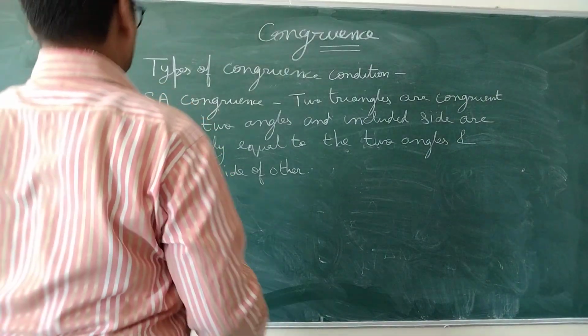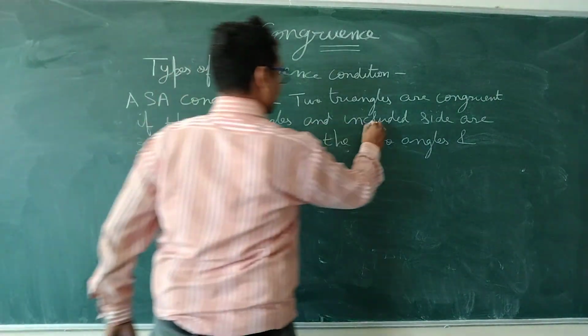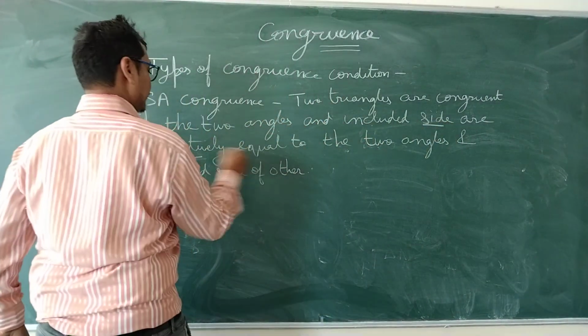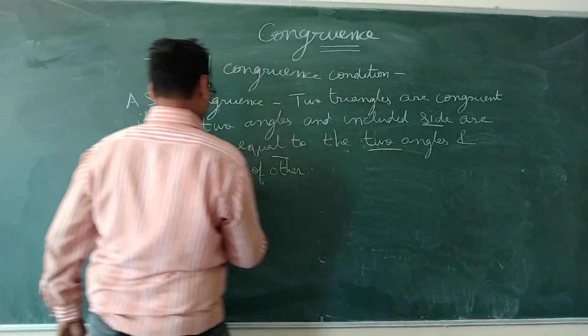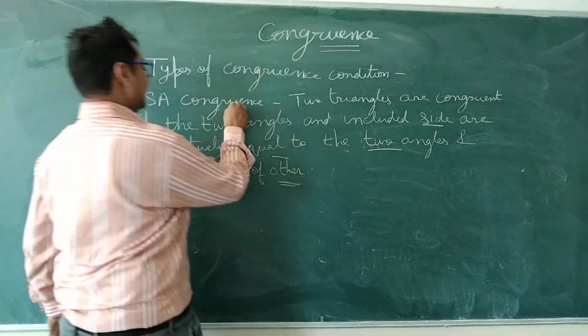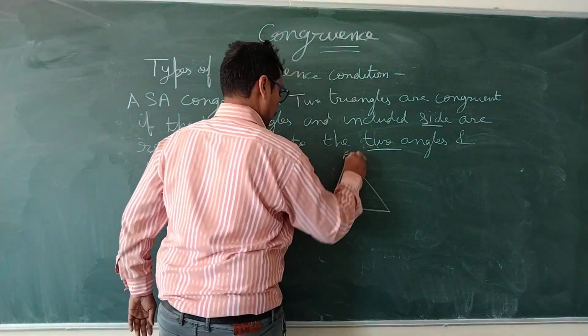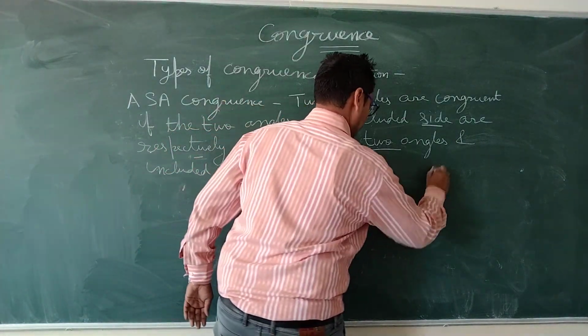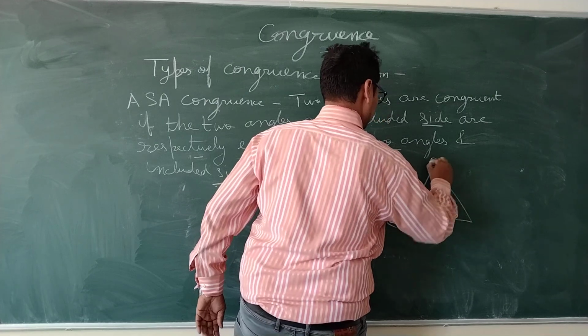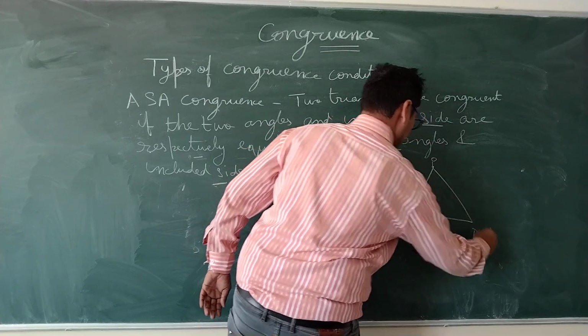Two triangles are congruent if two angles and the included side are respectively equal to the two angles and included side of the other. This is ASA congruency. Suppose we have two triangles ABC and PQR.